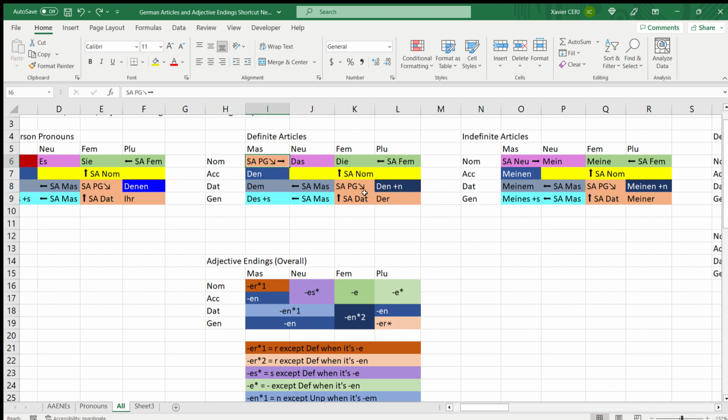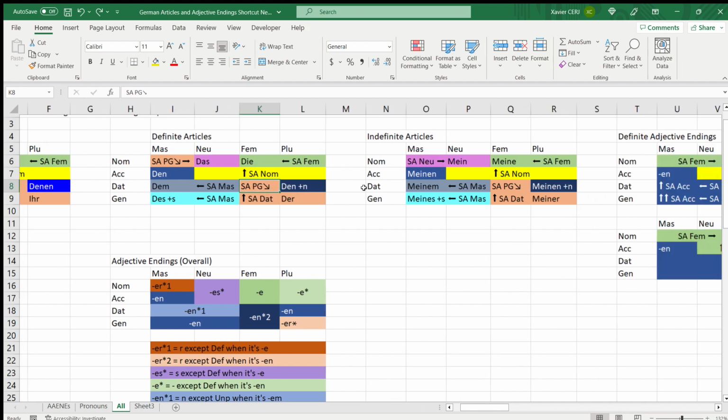And in this case, the feminine genitive is the same as the feminine dative, and the feminine dative is the same as the plural genitive. That's not always the case, but in this specific case, it is.